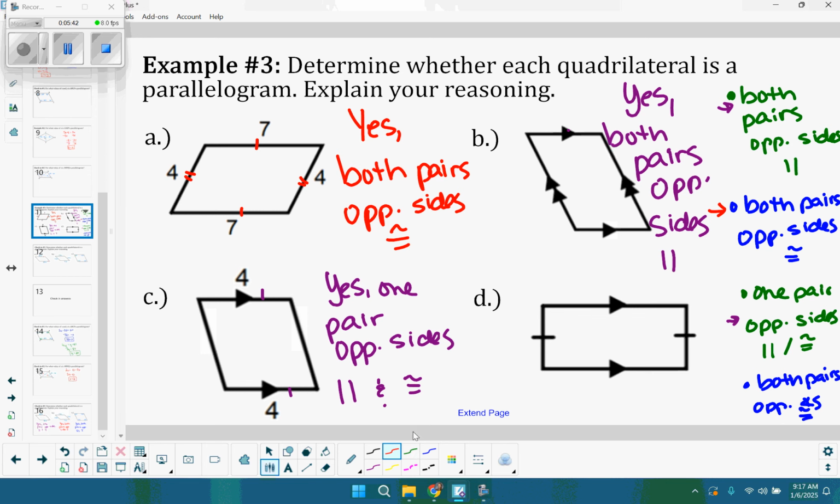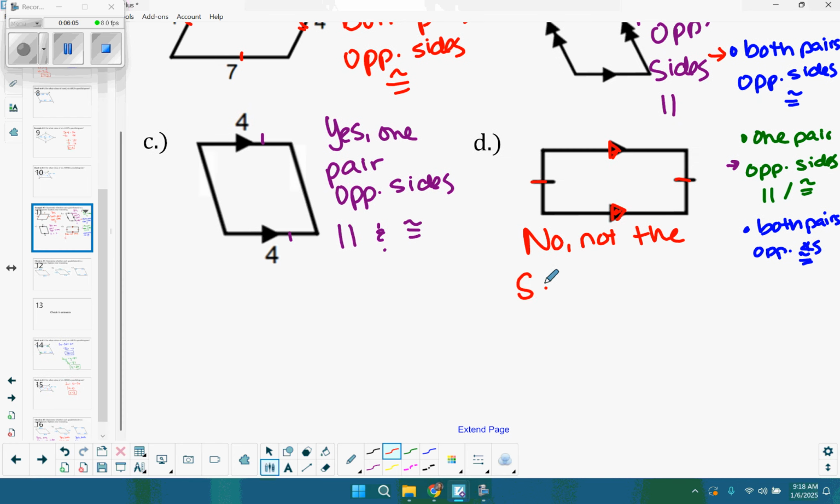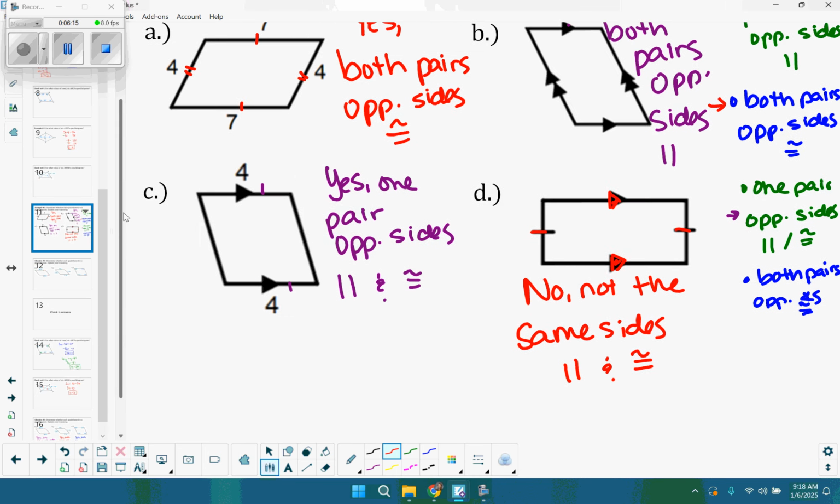And in D, I see these sides are congruent, these sides are parallel, so I do have a pair that's parallel and a pair that's congruent, but unlike in C, it's not the same sides. It was one pair of sides parallel, a different pair of sides congruent, so this is no, not the same sides. It would have to be the sides that are parallel were also congruent for that to be yes.